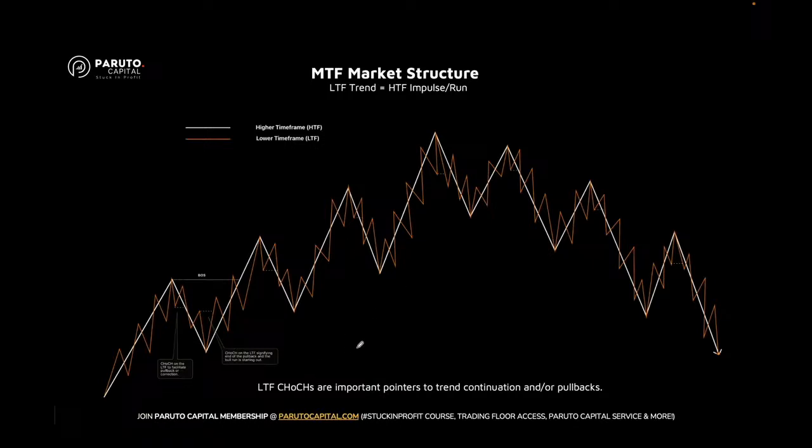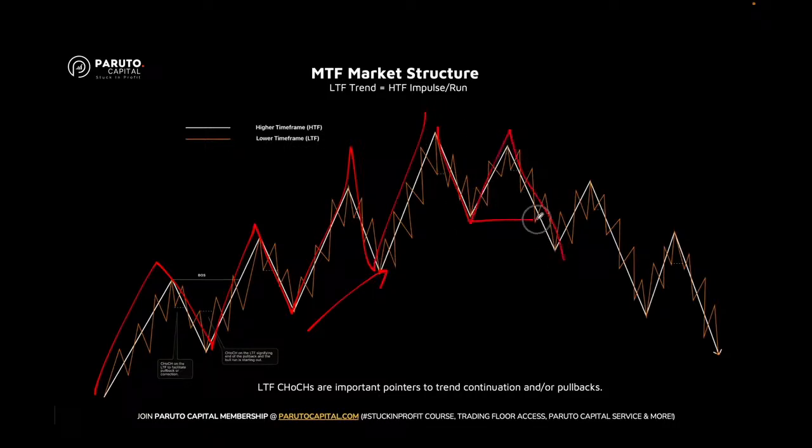So lower time frame charts are also important pointers to indicate that the trend is about to either maybe slow down or the trend is about to continue. And what do I mean by that? Look at this move here. This was an impulsive move, correction. This is an uptrending market, no doubt. You can see that, right? We're going up, but then you notice that when it came here, there was this change of character here, right?